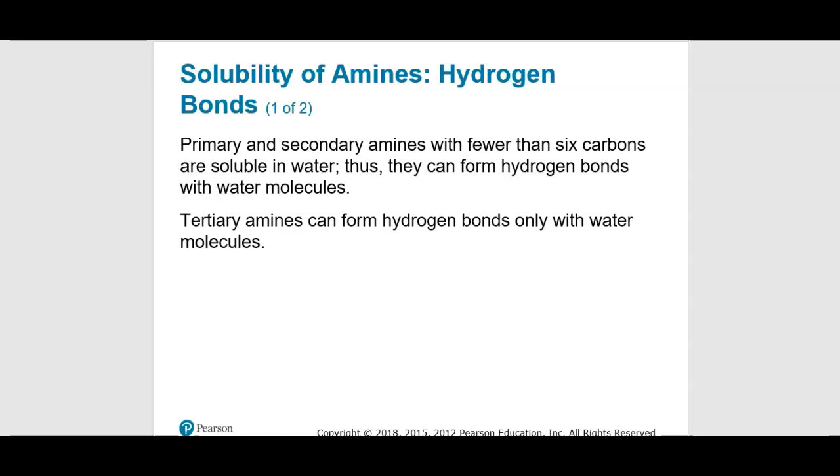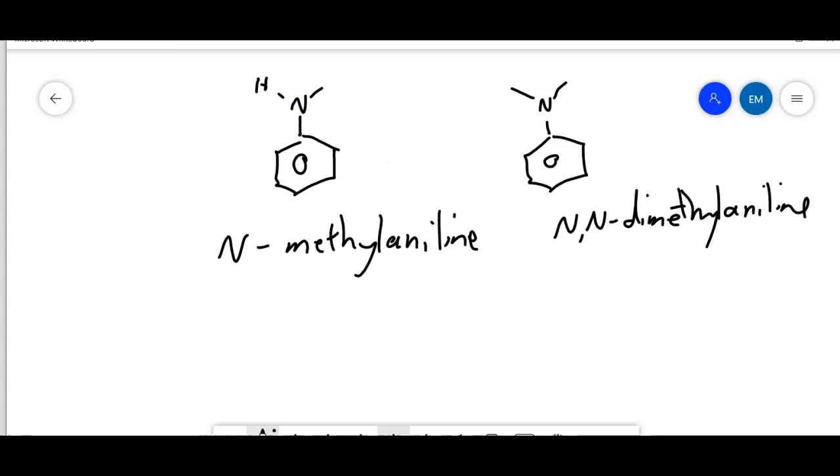Fluorine covalently bonded to fluorine does not give you hydrogen bonding. Fluoride ion does, so you're not going to see that very often. But a nitrogen in an amine can engage in hydrogen bonding, even if it's a tertiary amine. It simply cannot use its own hydrogens to form hydrogen bonds because it doesn't have any.